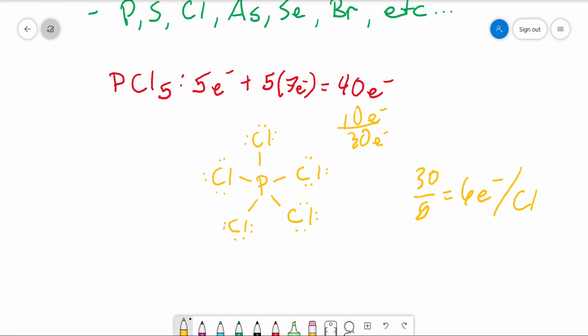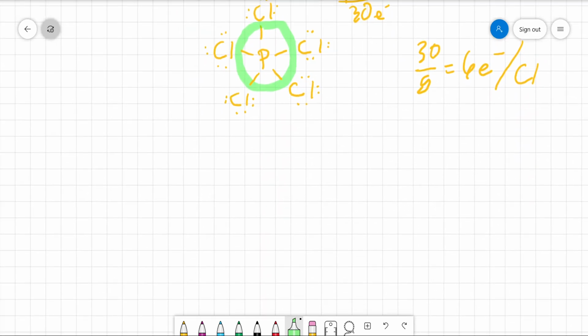Okay, and if we look at this structure, the phosphorus does not have an octet. It has 10 electrons. Is that okay? Yes, because it is in the third row or higher. All right, so let's just do 2 more examples of that.